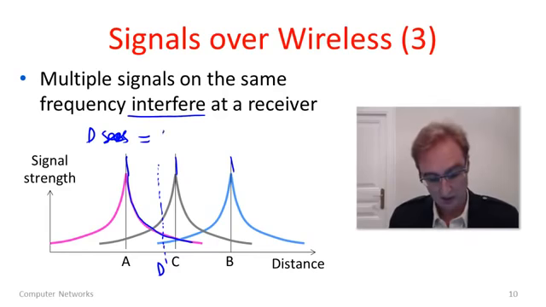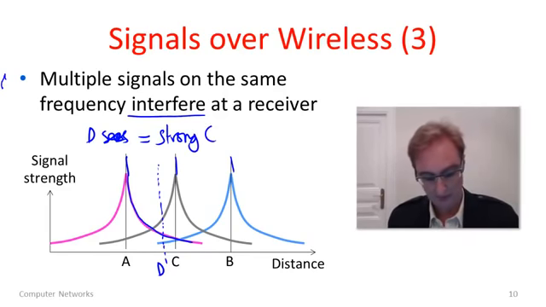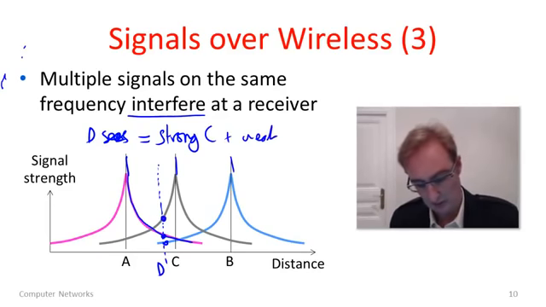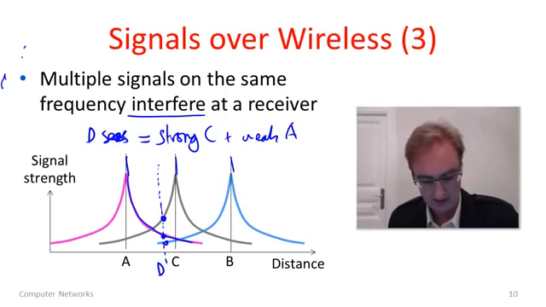So actually, D will see a strong signal from C, and that's this up here, high here, and down here we have weaker signals. I'll just say a weak signal from A and B.